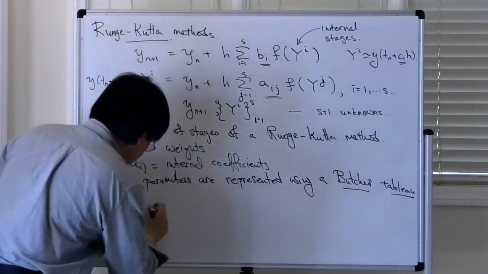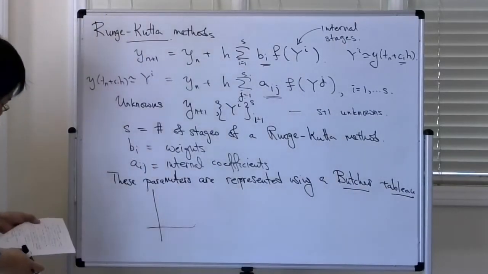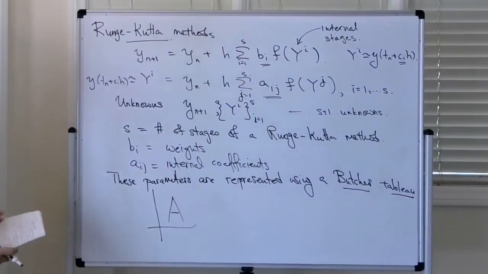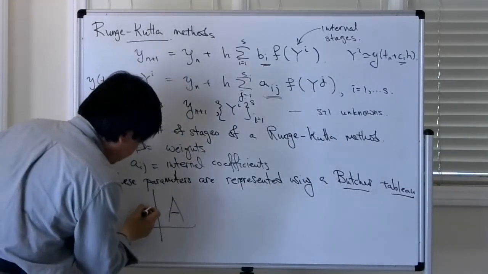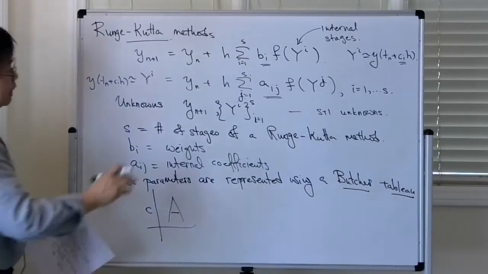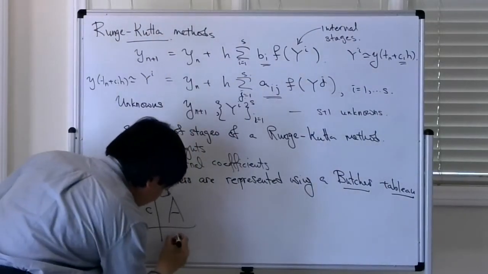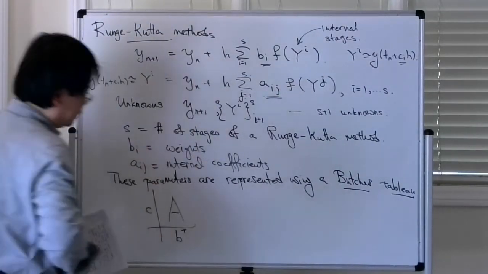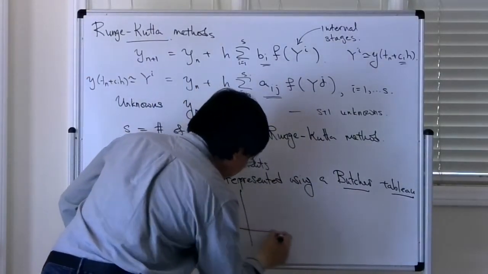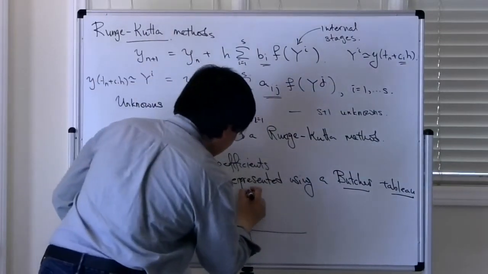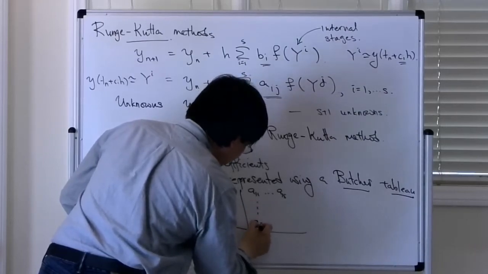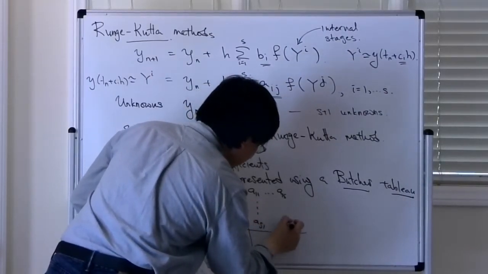So let's write this down. The aij's form a matrix, which I denote by capital A. The quadrature points, C, you should think of as a column vector, and the quadrature weights B you should think of as a column vector as well, but I take its transpose to think of it as a row vector. Component-wise, you have A11 to A1s, through As1 to Ass.